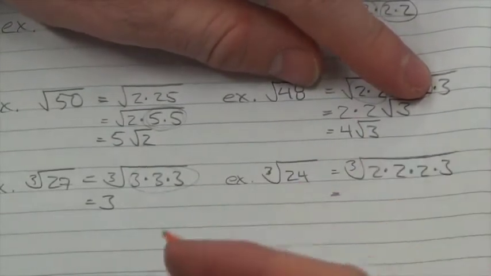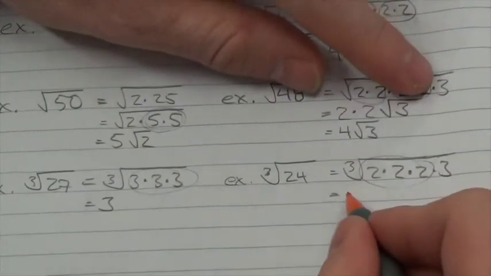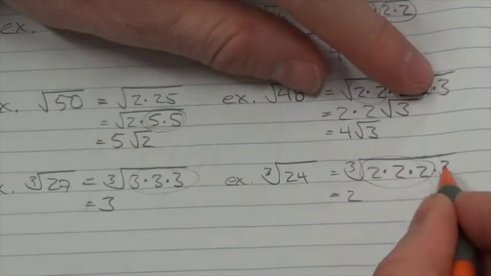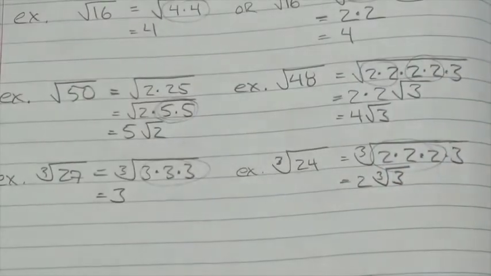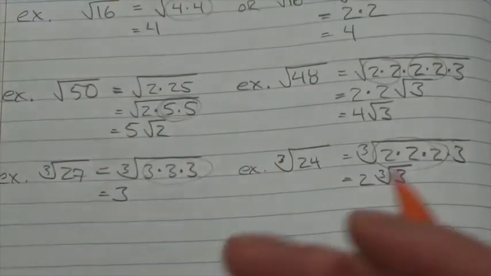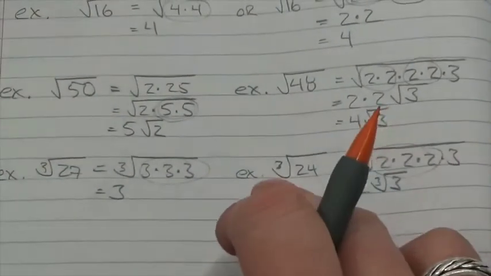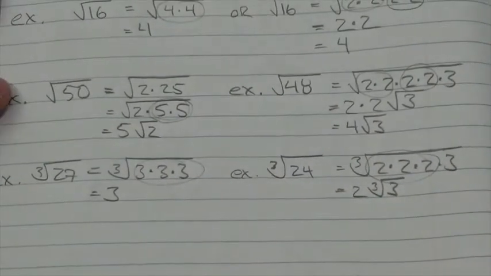I'm looking for a triplet to get volume, and there it is right there. So I'm going to pull out a 2, but I'm still left with a single 3 in there, so I've got the cube root of 3 left over, and I can't do anything with that. That is the simplified form of this cube root. I hope that's starting to make sense there. That's all we're going to do.